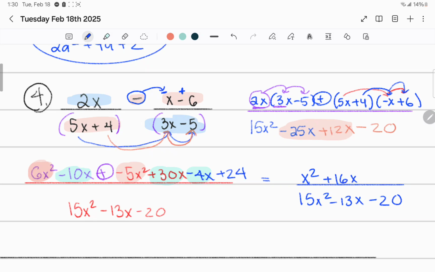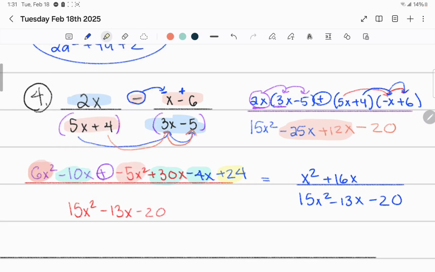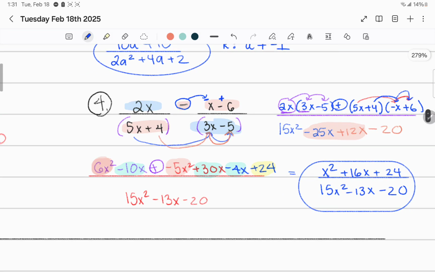And then last would be just 24 because there's nothing else with just a regular number. 24 doesn't have x or x squared, so this would just be positive 24. So that is that. That one's kind of messy, but it's the same steps over and over, guys.